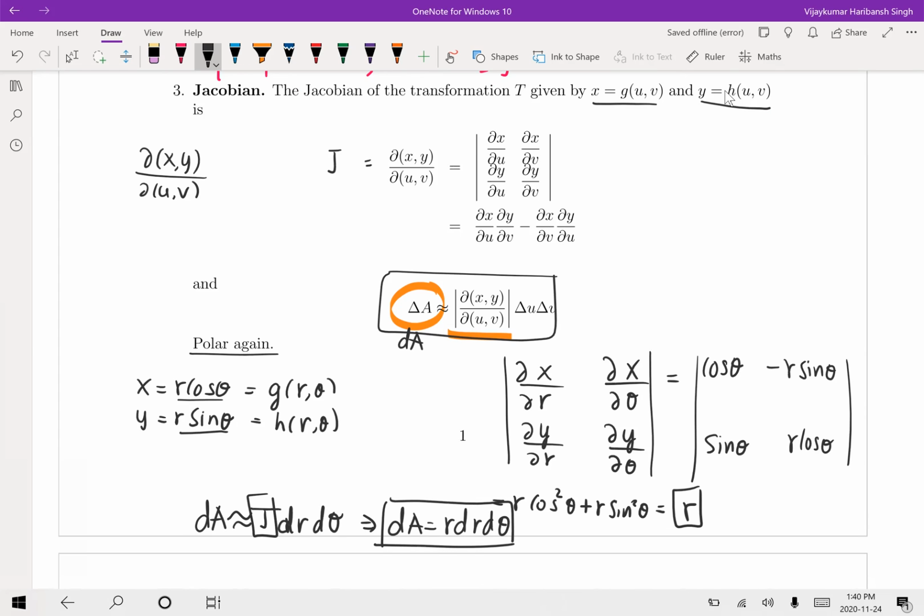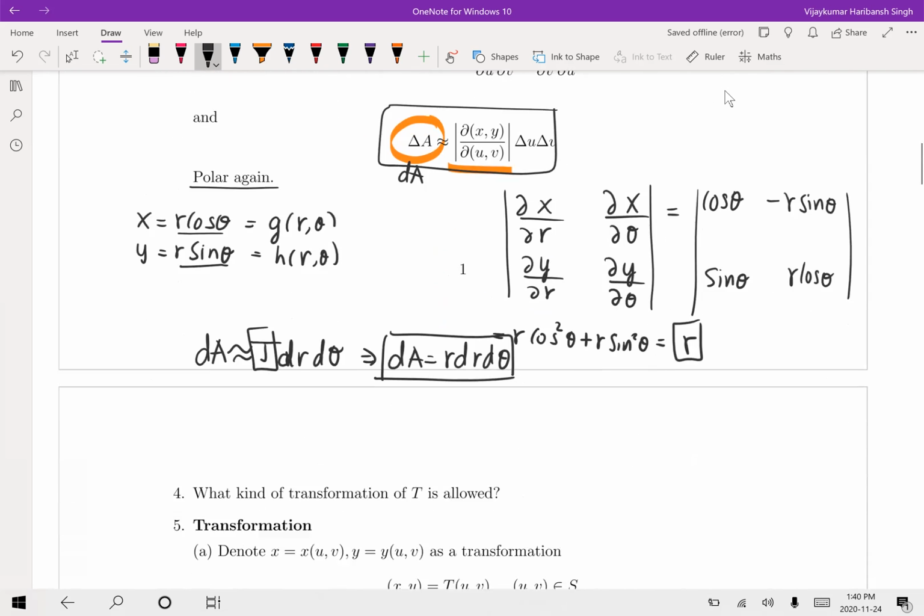So you see how this Jacobian technique helps us to generalize. Here I'm just doing an example. It can be done for any transformation really. Any transformation T, we will come to what kind of property this transformation needs. Of course, this transformation has to be, for example, one-to-one, differentiable and so on and so forth. So we'll come to that in a minute.